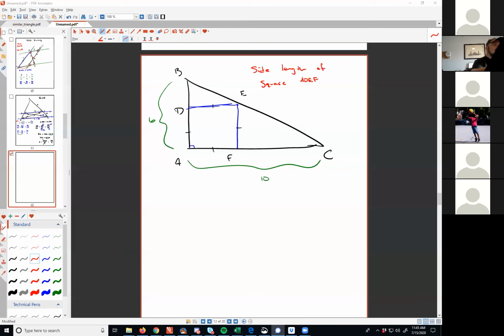Okay, so let's talk about where we might find similar triangles. We have right angles all over the place. So I'm going to point out that triangle ABC is similar to triangle DBE, and also they're both similar to triangle FEC.